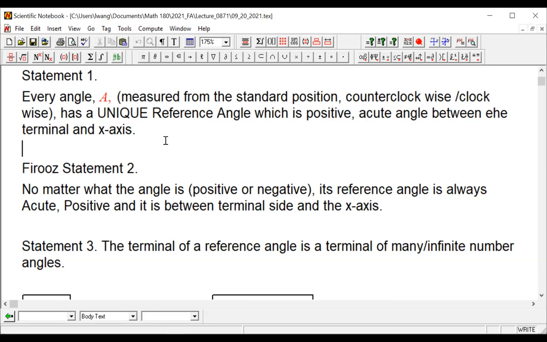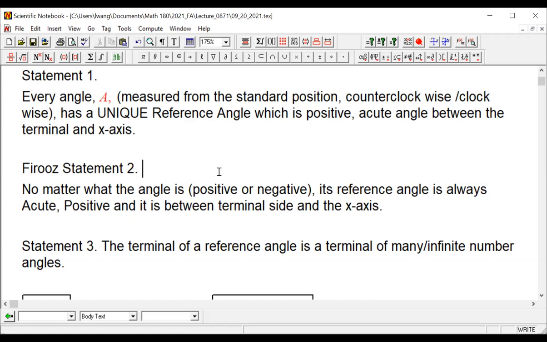Every angle A measured from the standard position, counterclockwise or clockwise, has a unique reference angle which is positive and an acute angle between the terminal side and the x-axis. Thank you. I'm sorry for my typo. The word you read here is called acute. Okay. Second statement. Chris, can you read the second statement for us?